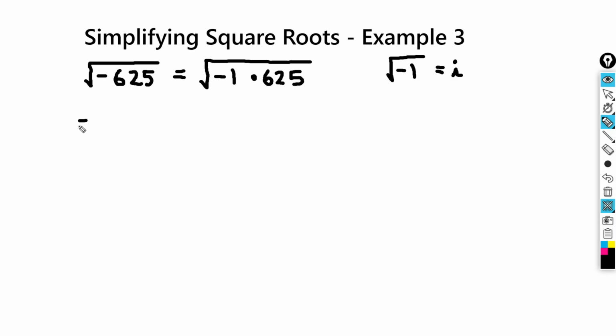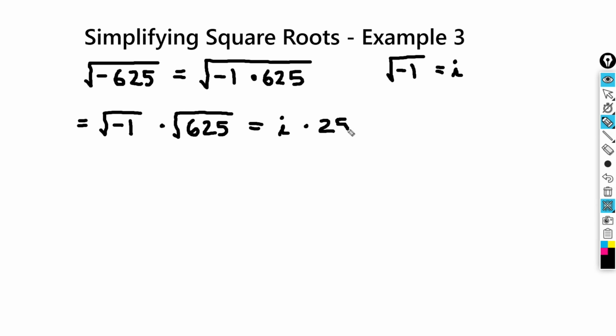So we have the square root of -1 here times the square root of 625. And we can break those apart to i times the square root of 625 is 25.